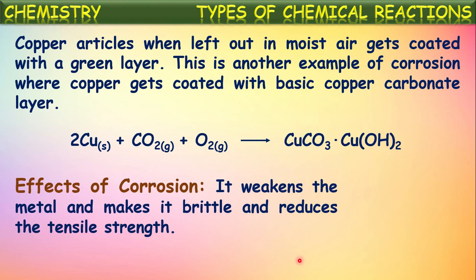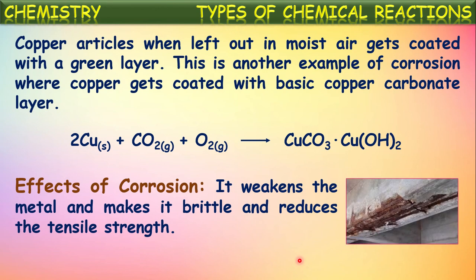So what are the effects of this corrosion? What happens if metals undergo corrosion? What is affected by this? When metals undergo corrosion, it makes them weaken. So corrosion weakens the metals, makes them brittle and reduces their tensile strength.